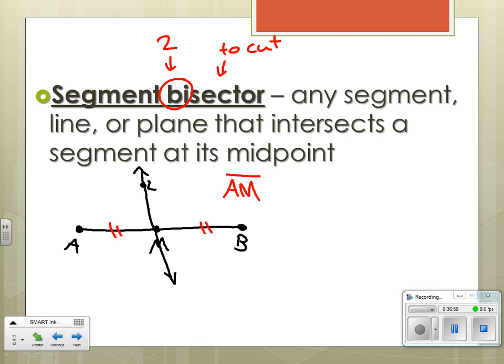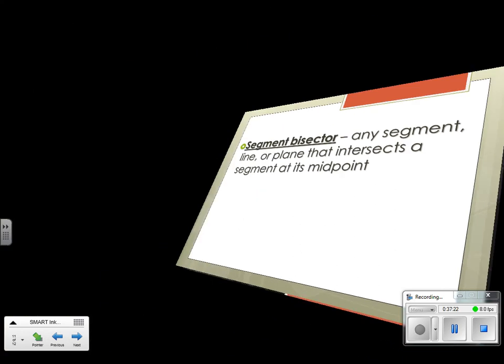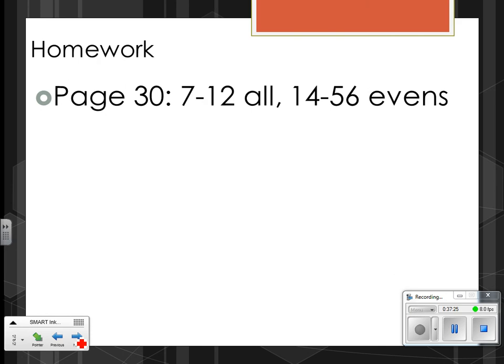We did it earlier today. Yeah, so AM is going to be congruent to which one? MB. Again, you can have those reversed. You can also call that MA or BM. That's okay. So that's what the segment bisector does. LM went through there. It cut that into 2 equal parts, and those parts are then congruent. And there's your second part then.